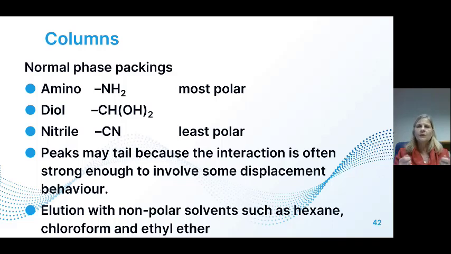Remember, we have polar groups and hydrogen bonding, and so there's a strong attraction between your stationary phase and your compounds, and therefore the compound is very reluctant to go from the stationary phase into the mobile phase, and what we find is peak tailing taking place. Your elution would then use non-polar solvents, such as hexane, chloroform, and diethyl ether.